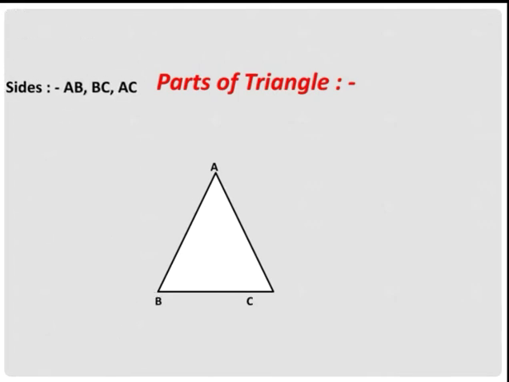Parts of triangle. Here triangle ABC is given. In the triangle there are three sides. In this triangle, one side is AB, then BC and third is AC.